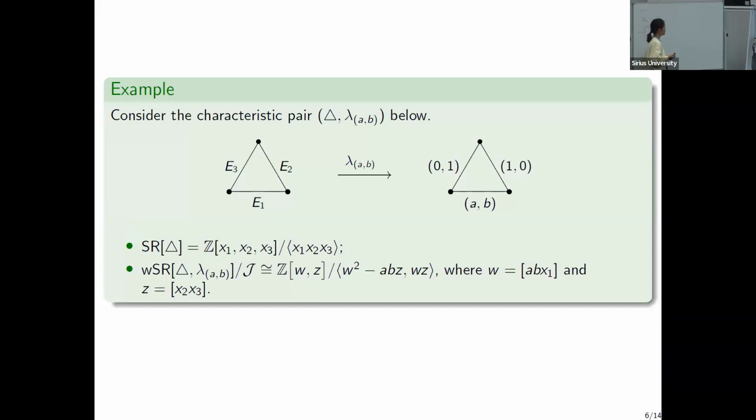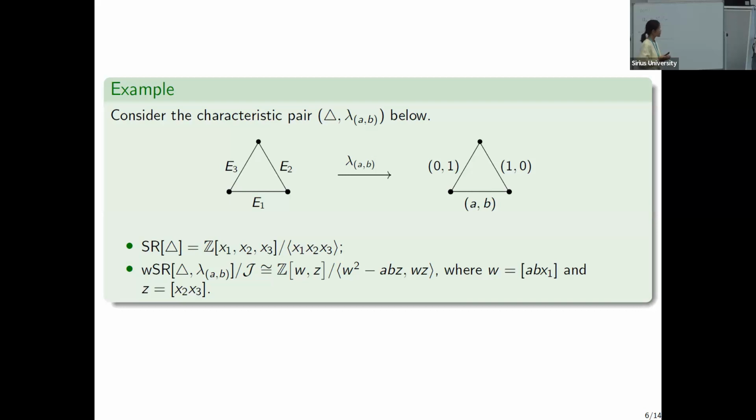So, for example, if P is a triangle, and the characteristic vectors are given by (1, 0), (0, 1), and (a, b), then in this case the Stanley-Reisner ring over a triangle is a quotient of a polynomial ring with 3 generators, and the ideal is given by the facets that have trivial intersection.